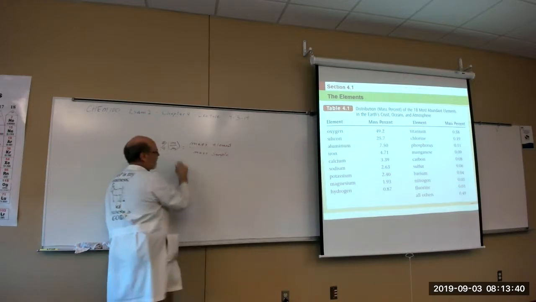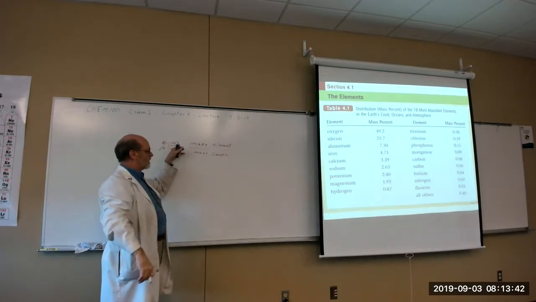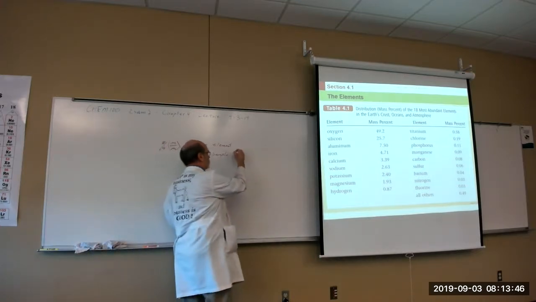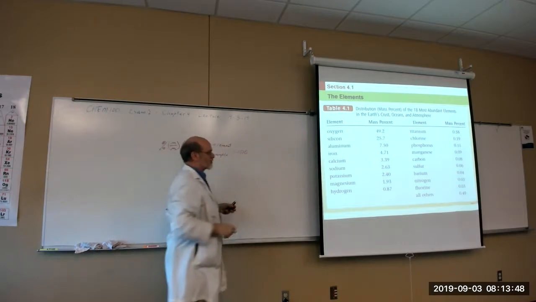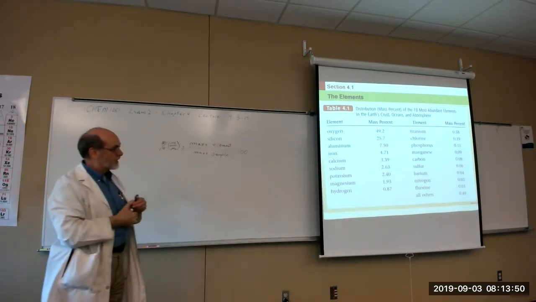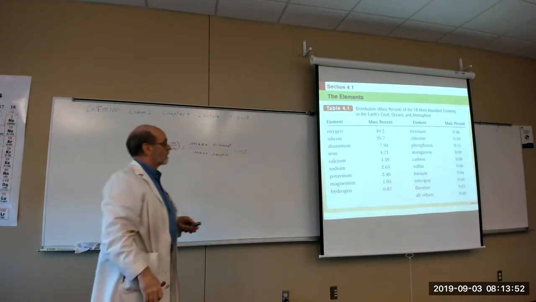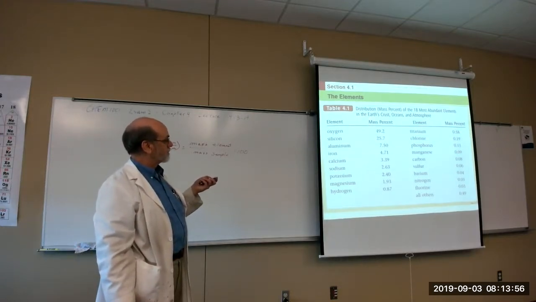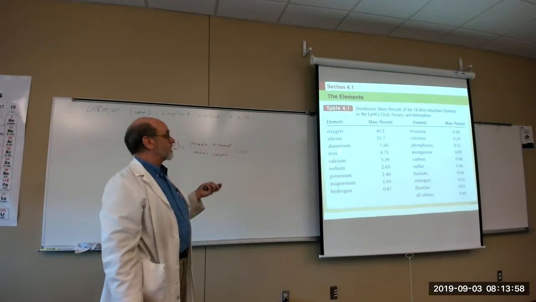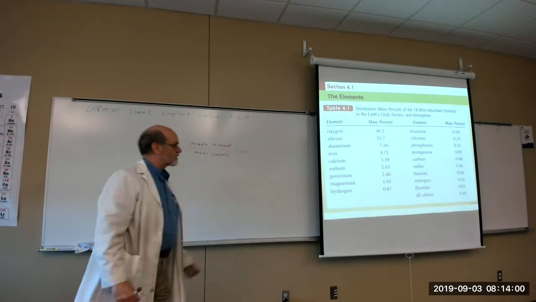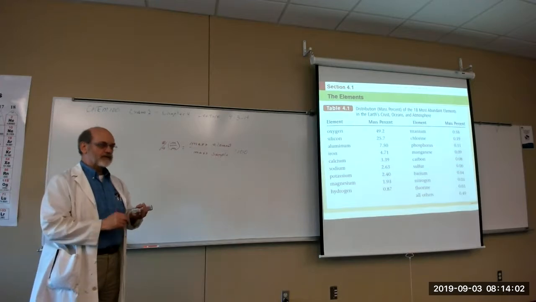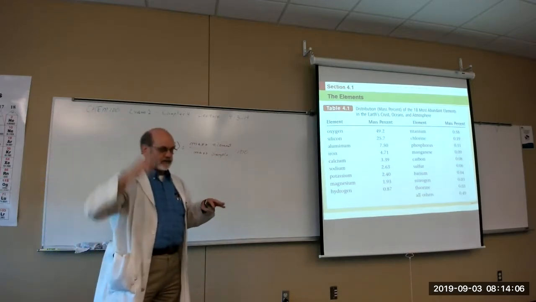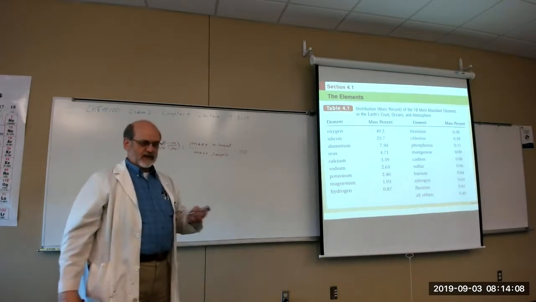So however much element you have in the total amount that you're sampling times 100 is the percent composition. And this is in the Earth's, this is everything. This includes the Earth's crust, all the oceans, and the atmosphere. We don't go below the crust. Down there it becomes less interesting.